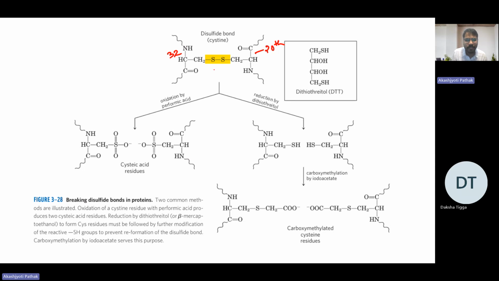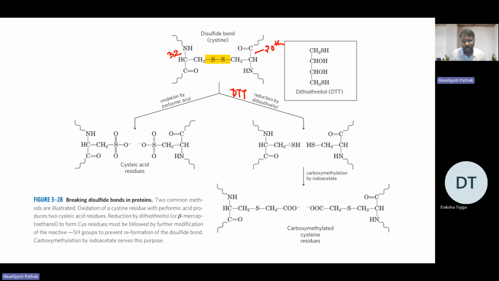Now this disulfide bond is treated with dithiothreitol, so DTT. When you treat this protein with DTT, the disulfide bond gets reduced, and this S-S covalent bond will break. Now you have SH, and this SH can again reform the disulfide bond.